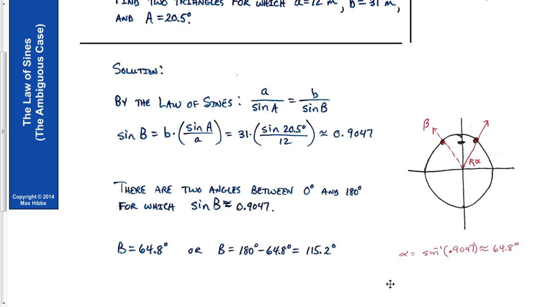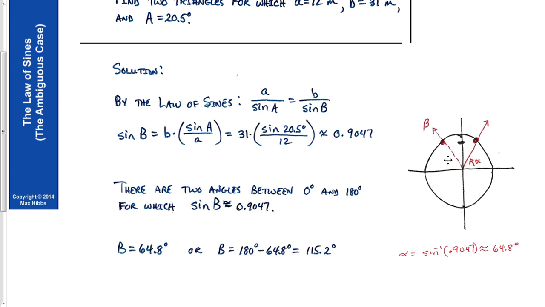Now, we have to remember that B could be an obtuse angle. So B might be this other angle over here. And what is this other angle? Well, this other angle is symmetric to the angle we have here. Think of this as alpha, 64.8 degrees right down here.